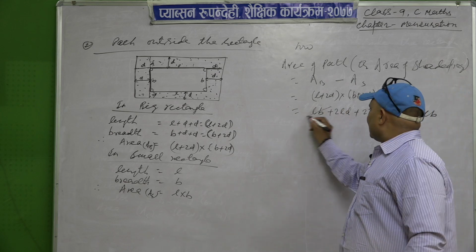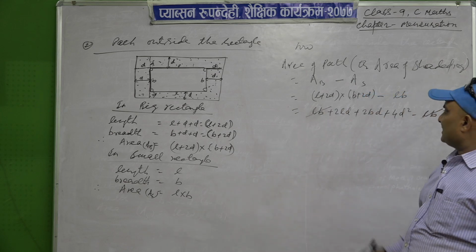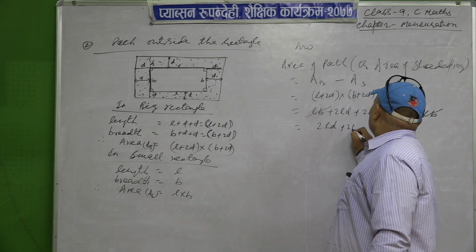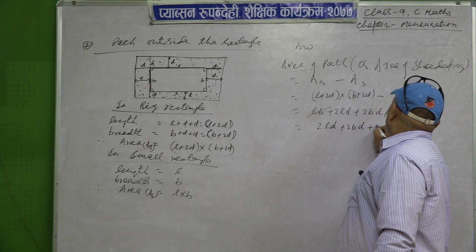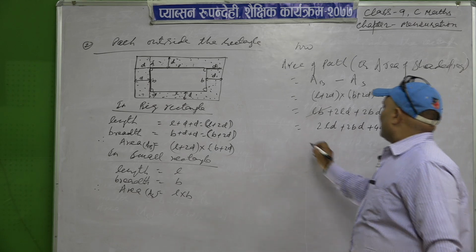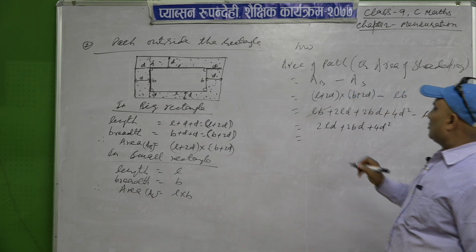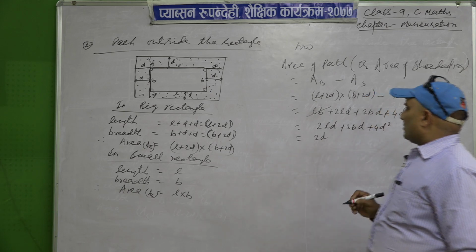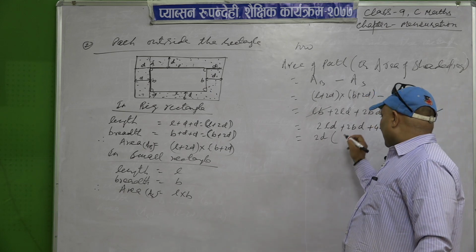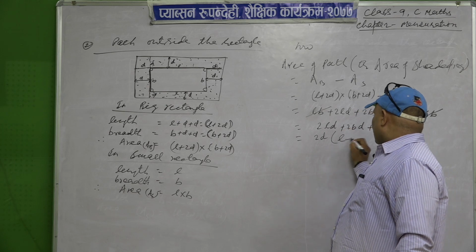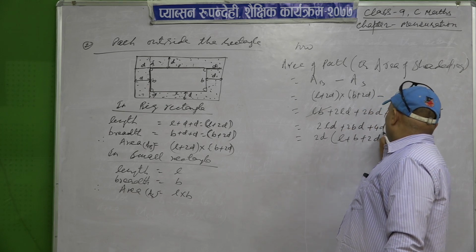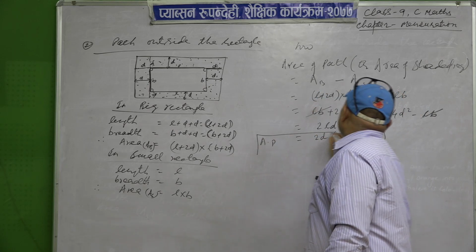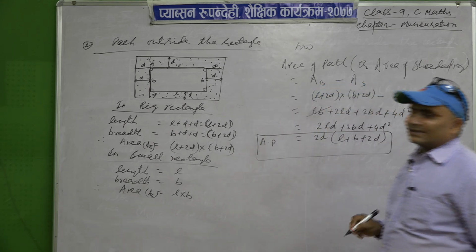We can cancel the plus LB and minus LB. It remains 2LD plus 2BD plus 4D square. Now take out the common factor 2D, and what remains is L plus B plus 2D. So this is the area of the path outside the rectangle.